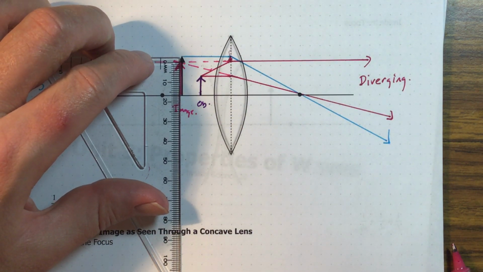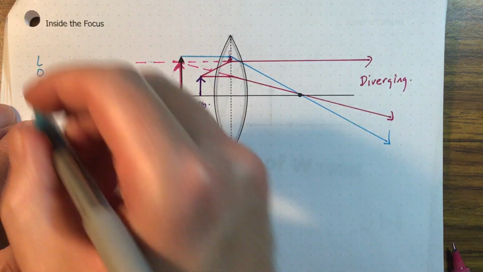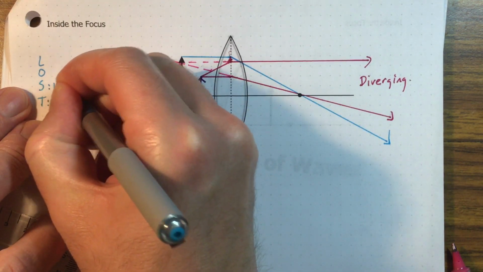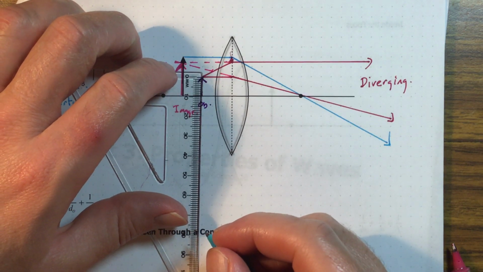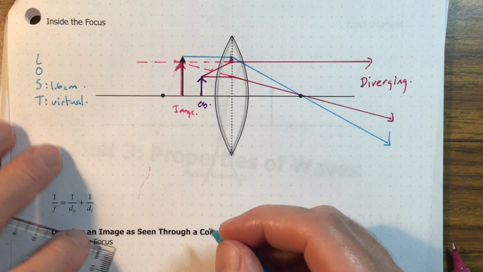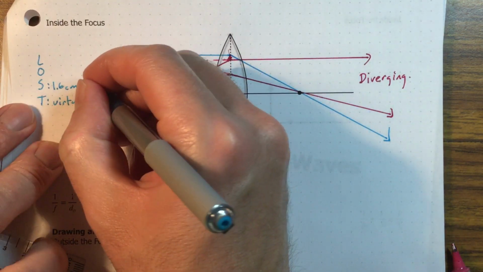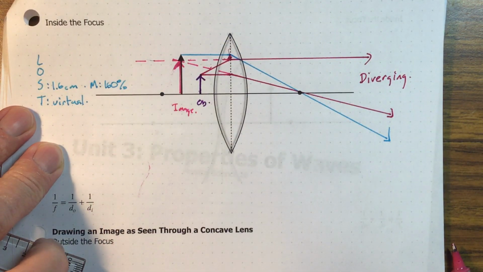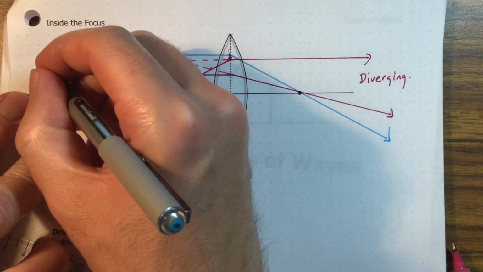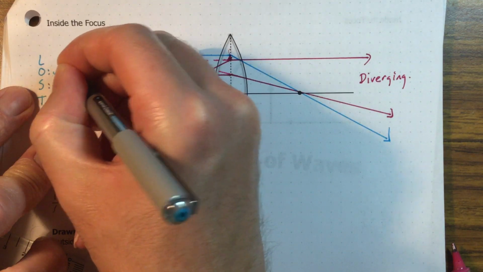Size. Well, this image is 1.6 centimeters. Now we compare that to our object, which was 1 centimeter. Means our magnification is 160%. Our image is bigger. Our orientation is upright.